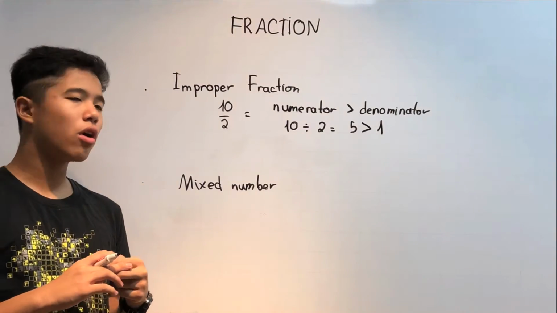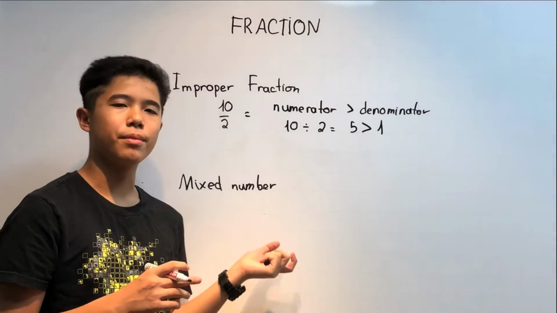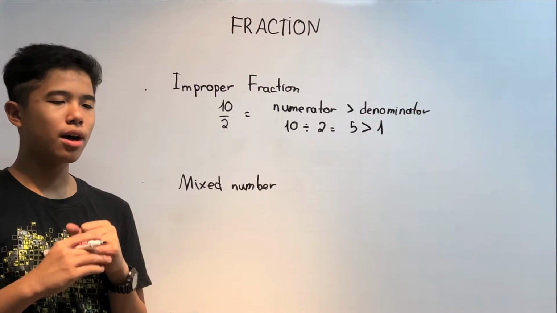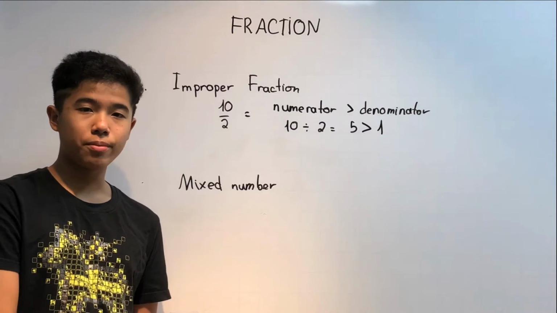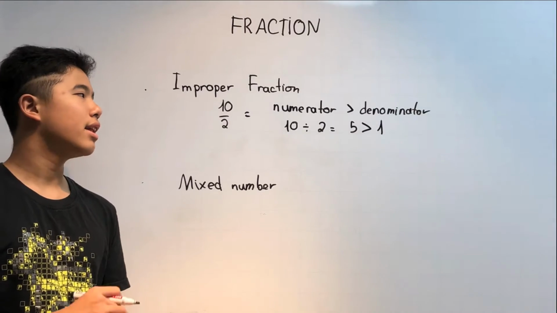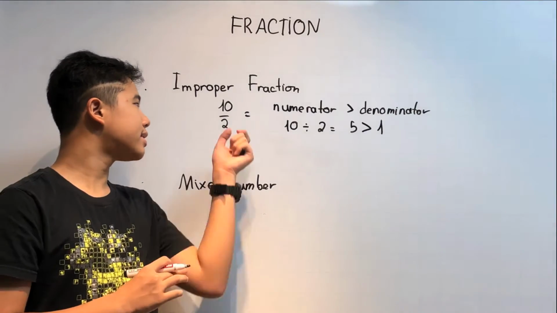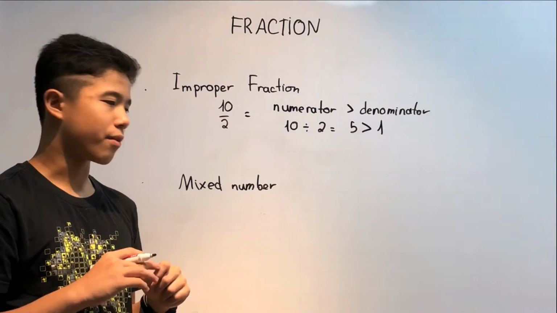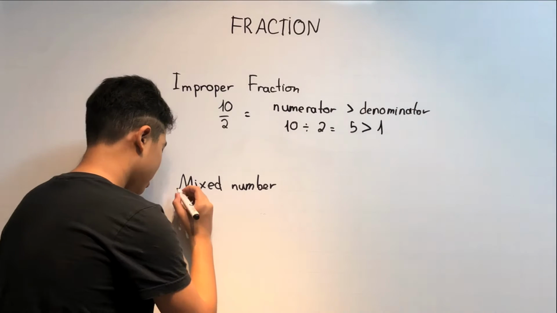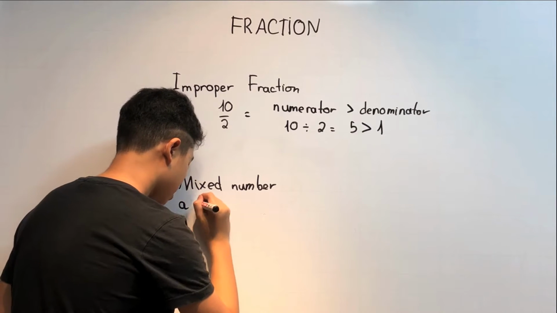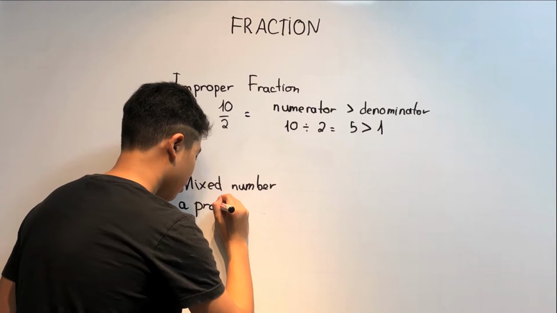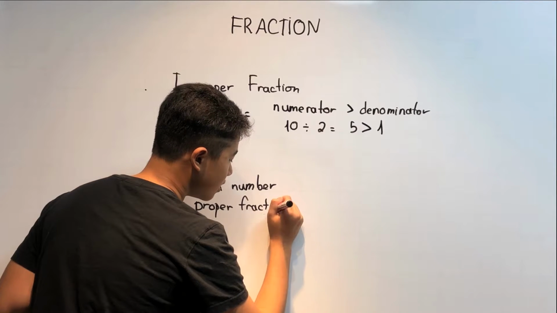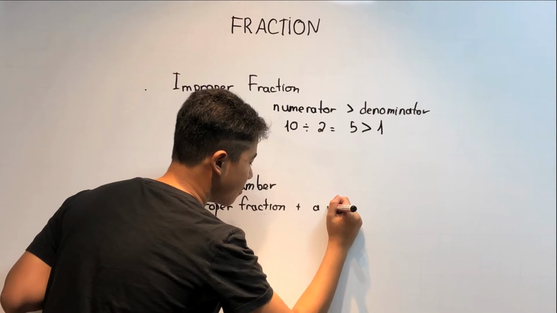The improper fraction also includes the mixed number. What is a mixed number? A mixed number is a number that has a proper fraction and a whole number. So instead of writing 10 over 2, I can just write 5. So a mixed number is a proper fraction plus a whole number.